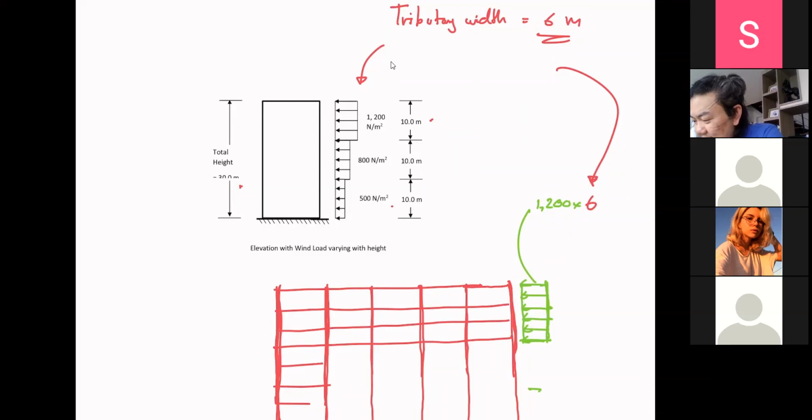So in the end, that is 7,200 Newton per meter. That's what I want you to know. That's what I want you to be able to do.